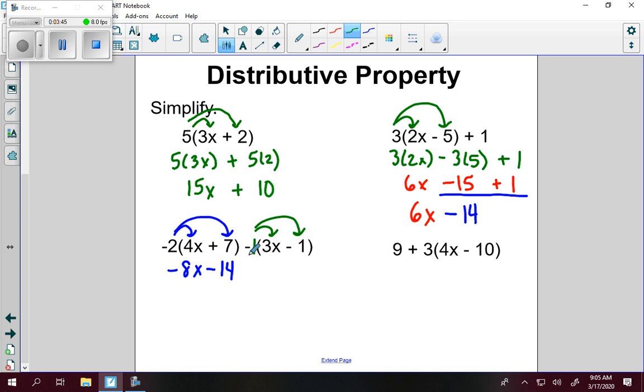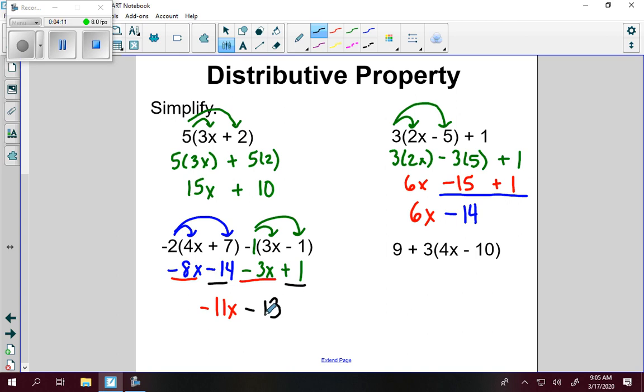So I have a negative 1 times 3, which would be negative 3x, and a negative 1 times negative 1, which would be plus 1. When I add the like terms, I have negative 8x minus 3 more x, which would be negative 11x. And then I have negative 14 plus 1 to get minus 13.